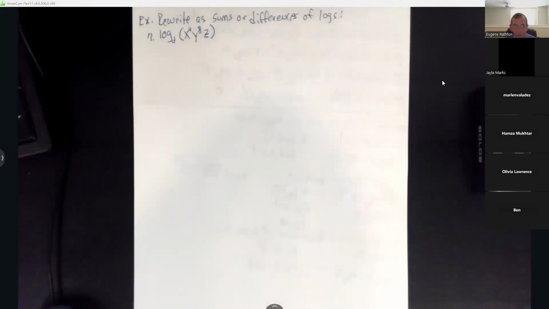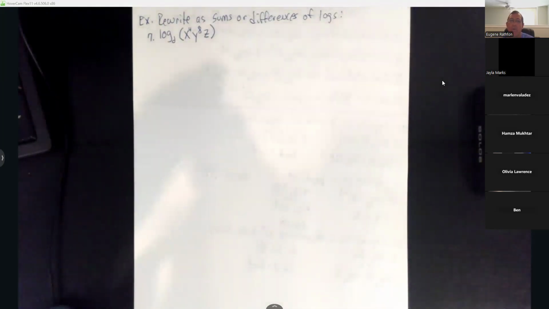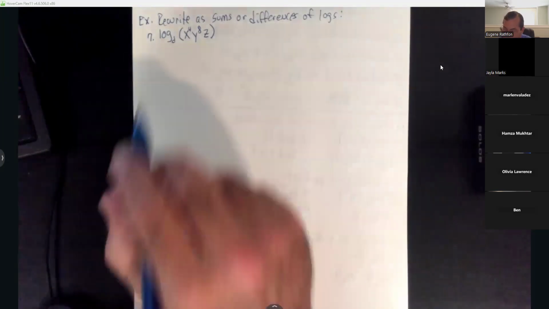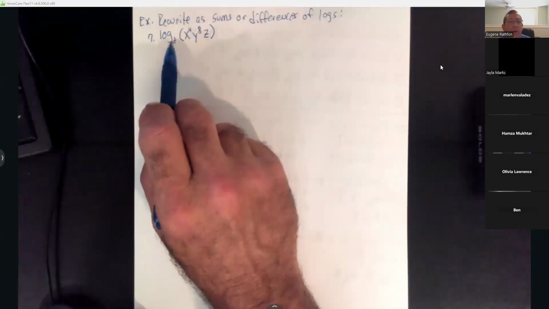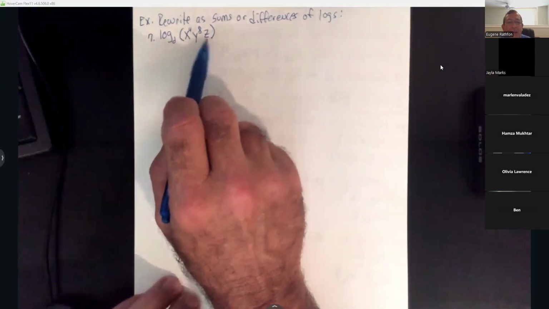All right, so a little early on y'all today, right? All right, y'all, so let me show you what we got. All those factors are being multiplied inside those parentheses. So since all those factors are being multiplied, we're going to use the product rule. So we're going to rewrite them as sums. And we're going to distribute our log D to all 3 factors.